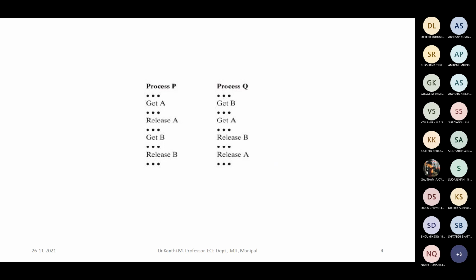P will acquire A, release A, then it will try to acquire B and release B. This is a situation we can have for process P, and process Q tries to acquire B and A and releases B and releases A.